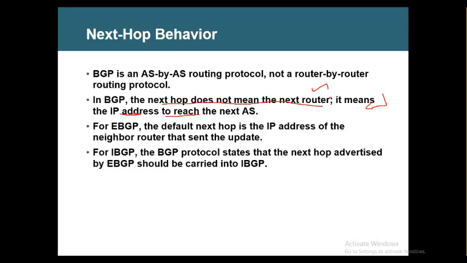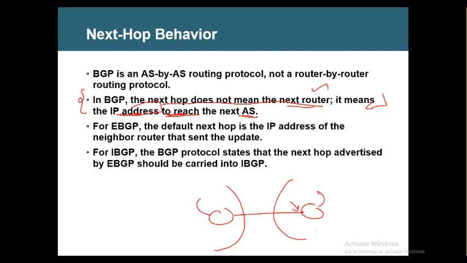In that sense, this statement is written. The next hop does not mean the next router, it means the IP address to reach the next autonomous system. Sometimes the IP address to reach the next autonomous system may be this address, but the neighborship that we make may be between loopbacks. In that case, it should not be this statement, it should be the IP address with which you form the neighbor.